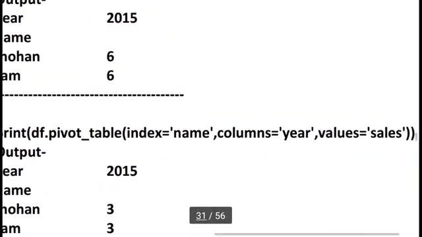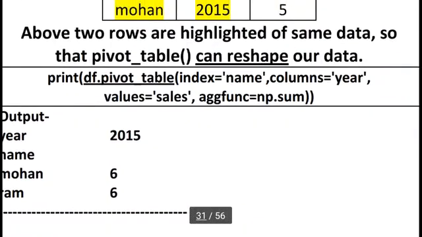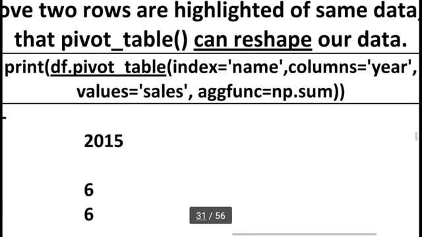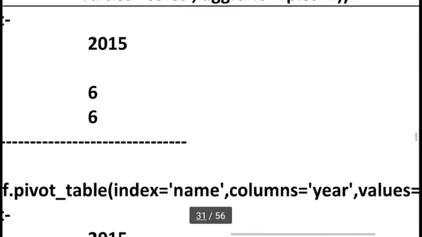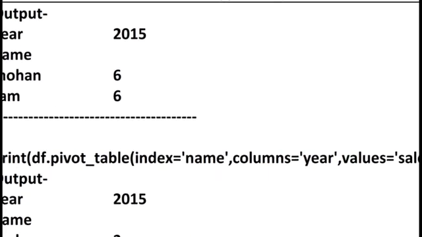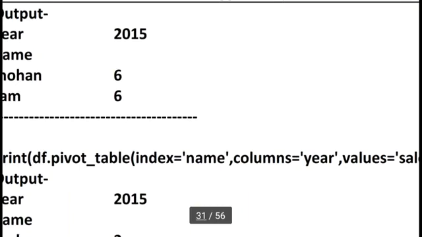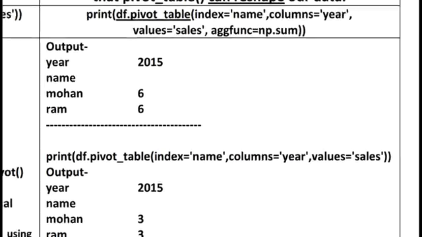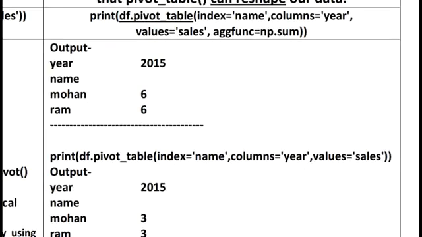But the important thing is, when aggfunc is equal to np.sum, if we don't use it here, Python by default always uses mean, meaning it performs the average value. You can see index name, column year, value is equal to cells, but here I am not mentioning aggfunc equal to np.sum.